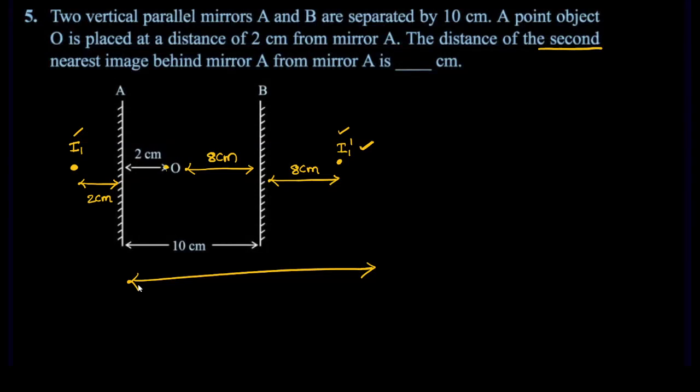Corresponding to 18, it will form one more image, formed somewhere here. This is I2, and this distance is 18 centimeters.